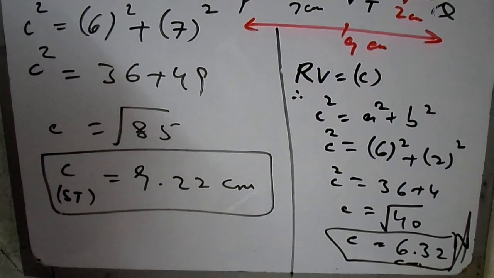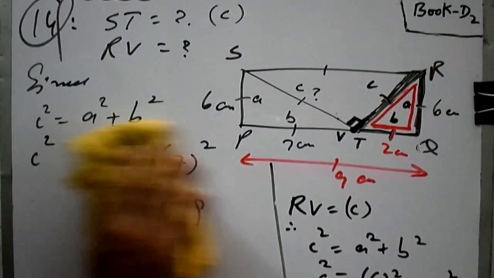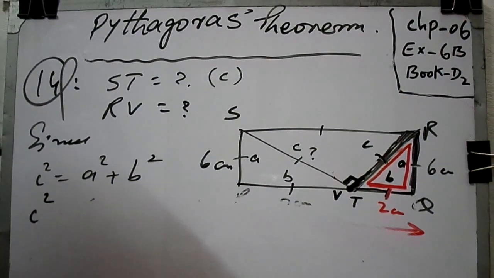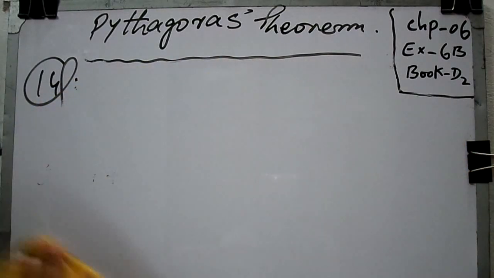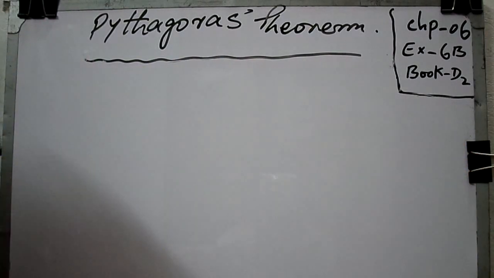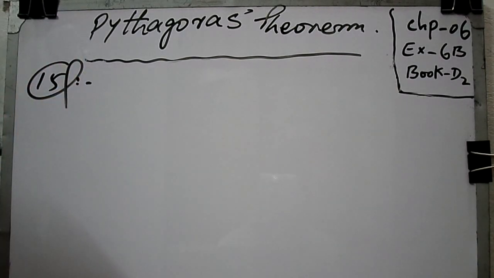Now coming to question number 15. In question number 15, in parallelogram ABCD, the diagonal AC is at right angle to AB. If AB is equal to 12 and BC is equal to 13.